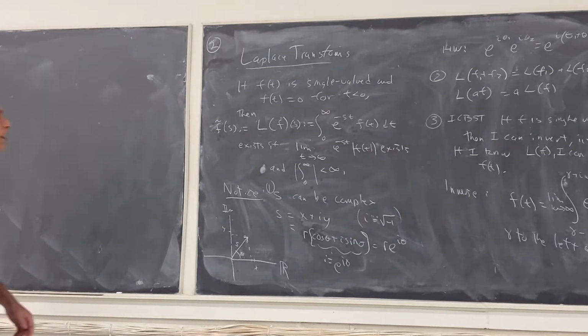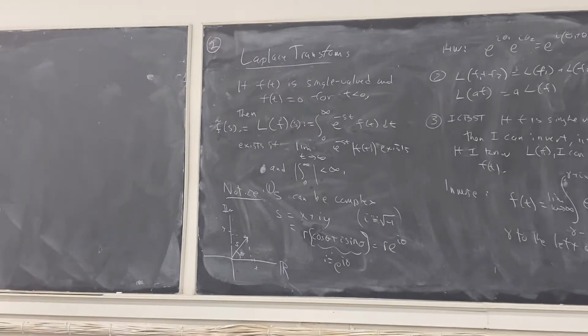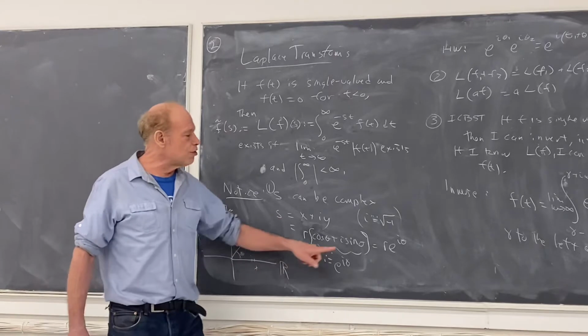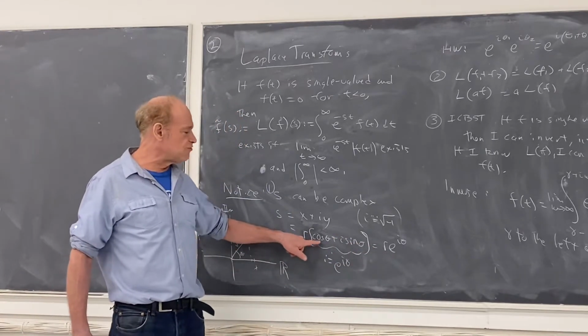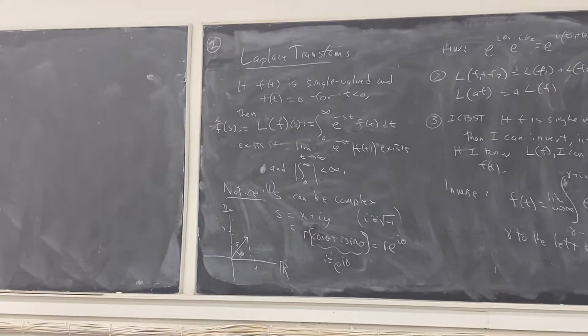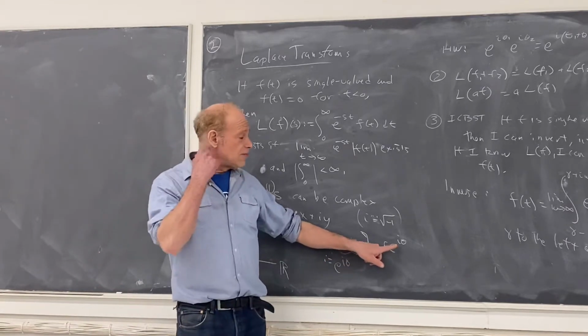And we noted that s can be complex, and we can represent the complex number either as x plus iy or as r e to the i theta, where e to the i theta is a shorthand for cosine theta plus i sine theta. And I assigned last time a homework for you to show that this notation makes sense.